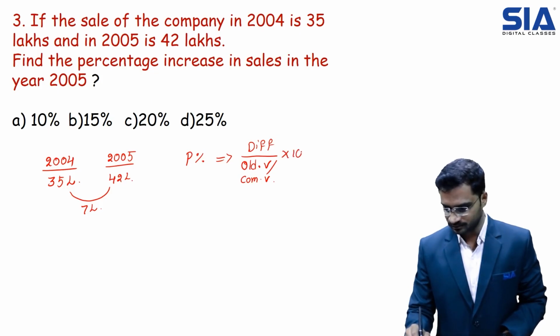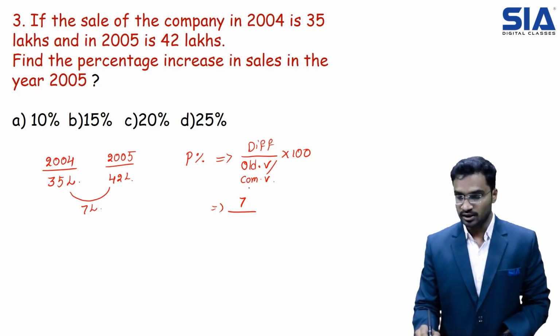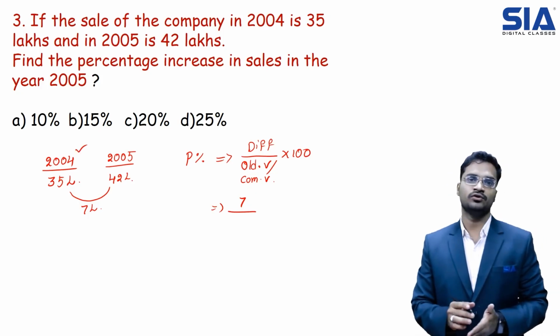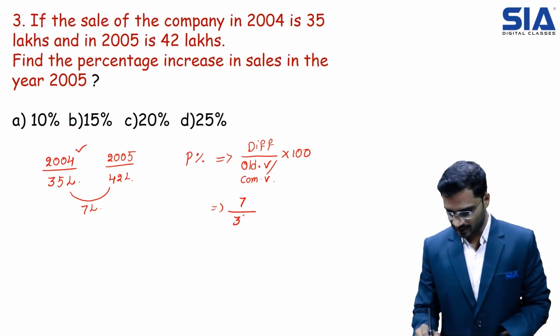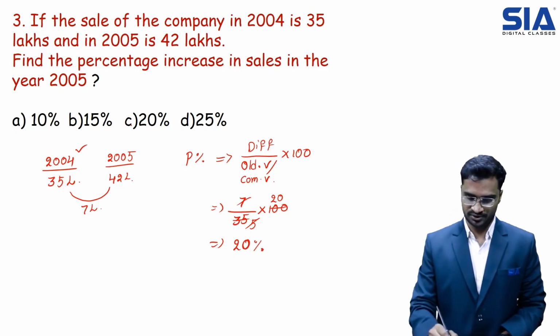So we are getting a difference of 7 lakhs divided by the comparing value. We are comparing this with 2004, in which there were 35 lakhs, into 100. So 7 5s are 35, 5 20s are 100. So the percentage increase is 20%, which is option C.